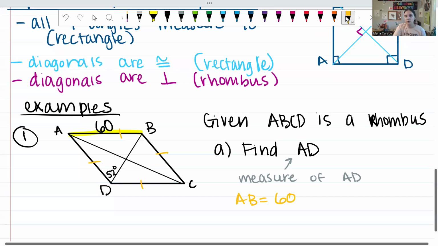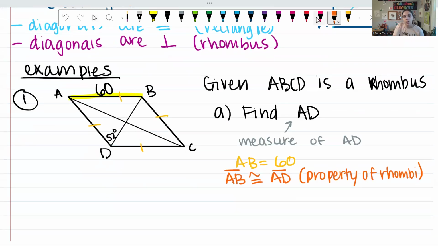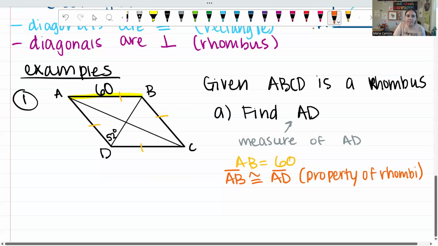So I'm going to say now that AB is congruent to AD because this is a rhombus, and that's a property of rhombuses, or rhombi, if you will. And then, since we know that they're congruent, AD also has to be 60. So that's the length of AD.